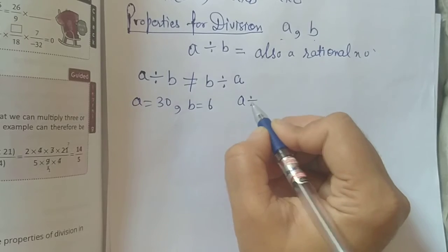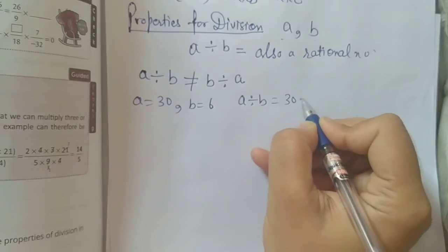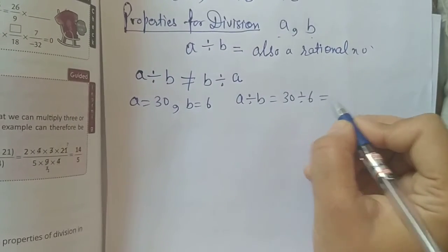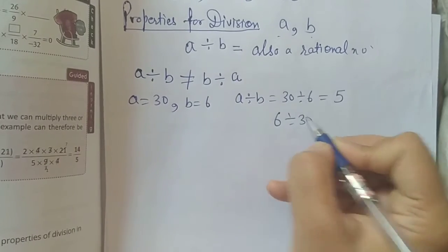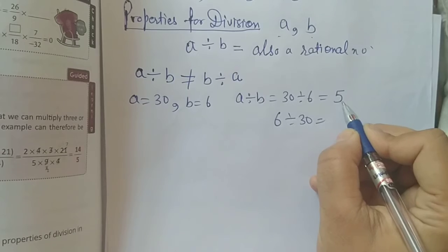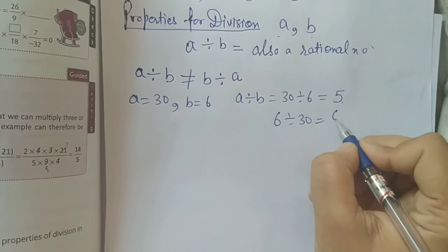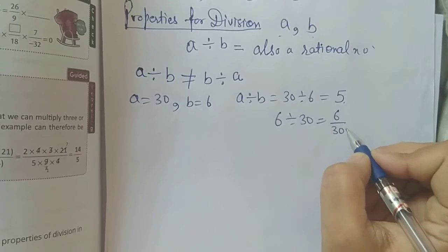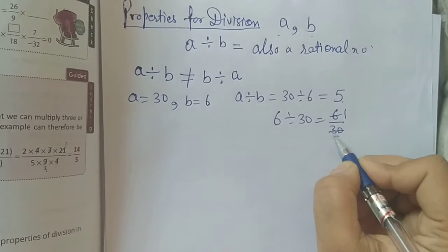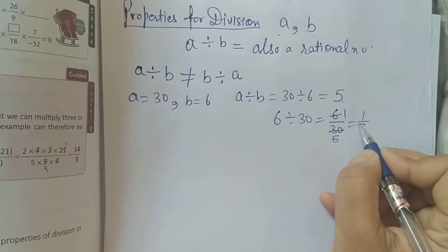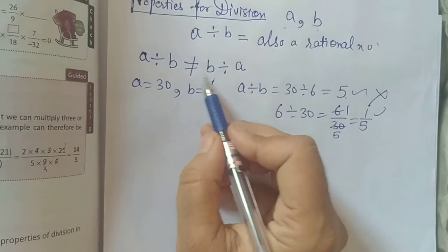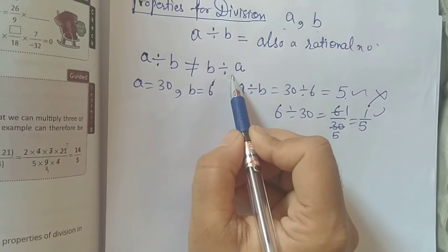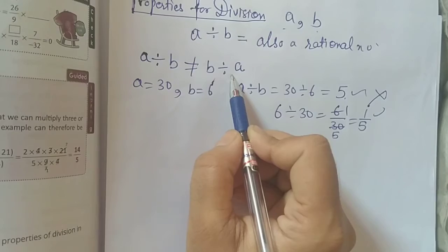Then a divided by b is 30 divided by 6, that will give us 5. But 6 divided by 30 is not 5. We can write 6 upon 30 like this: 6 ones are 6, 6 fives are 30, so 1 upon 5. So these two are not the same. So the commutative property will not hold for rational numbers.